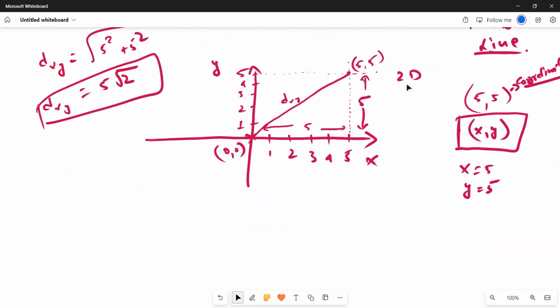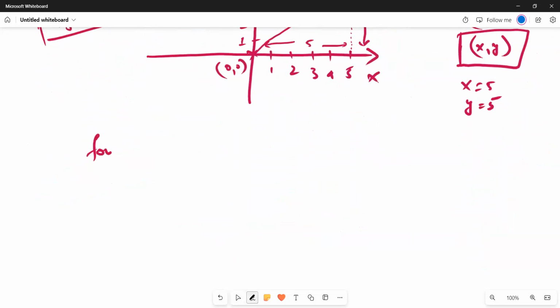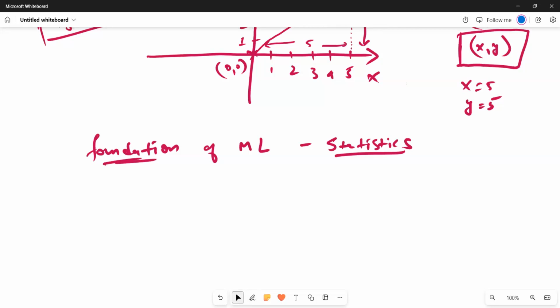Statistics is said to be the foundation of machine learning, right? To understand your data, or to work even with your data sets, you need to apply statistical techniques to understand the insights of the data, and then only you can proceed ahead, right? So this is basically considered the foundation of machine learning.